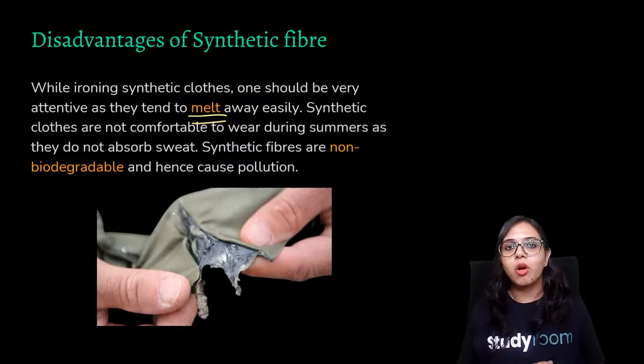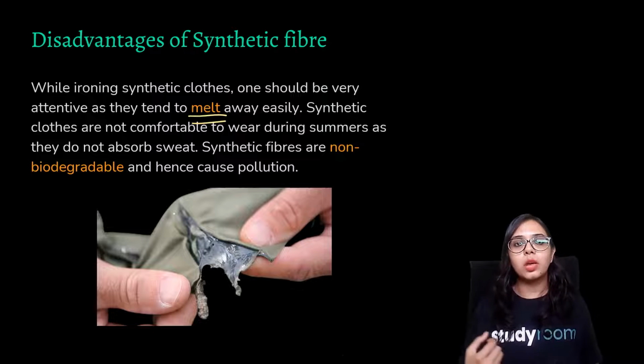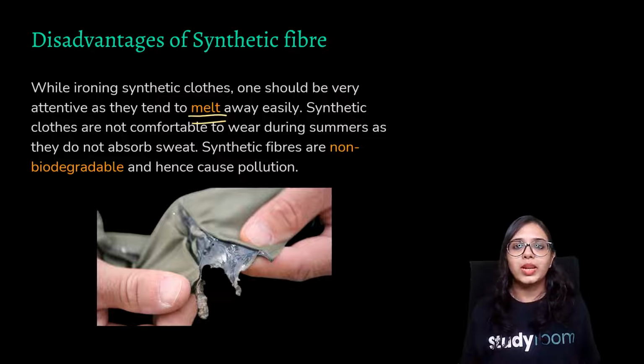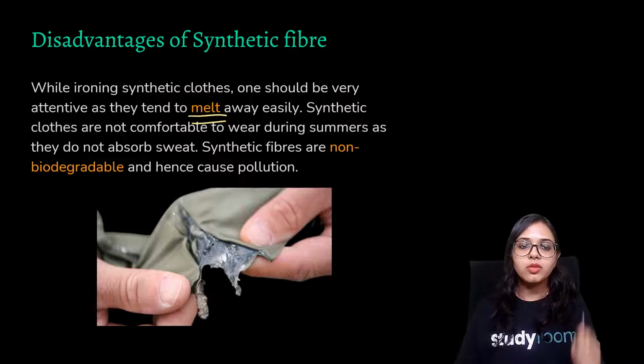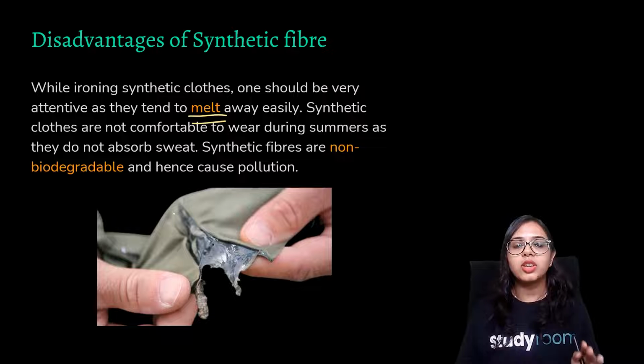So you prefer to wear cotton or khadi. But if you wear synthetic fibers, owing to their nature, they won't be able to absorb so much sweat, and you will be left with your sweaty body. So synthetic clothes are not comfortable to wear during summers, as they do not absorb sweat.